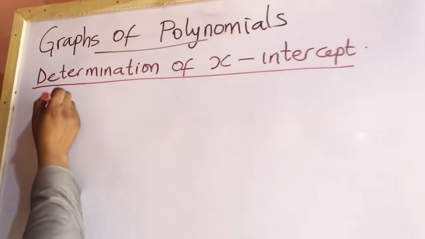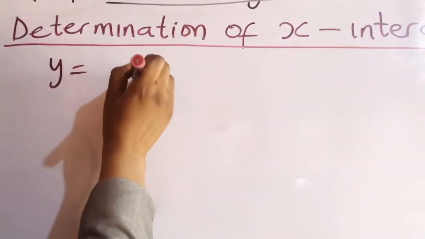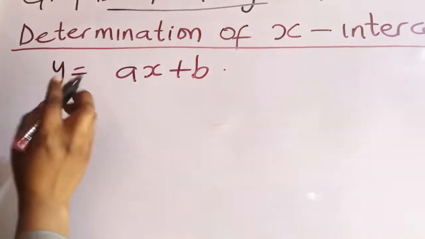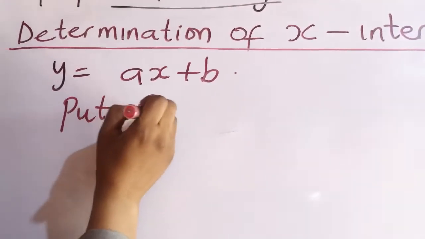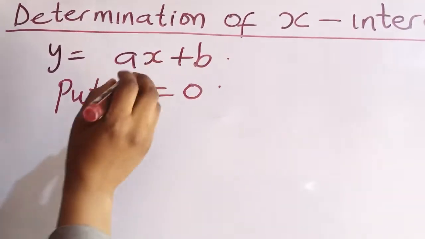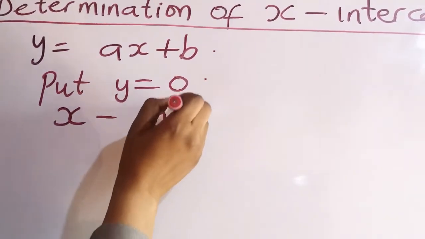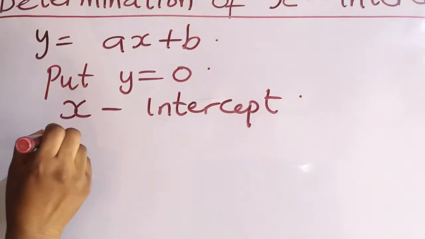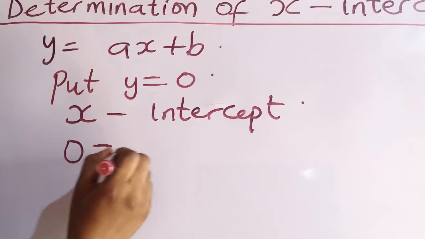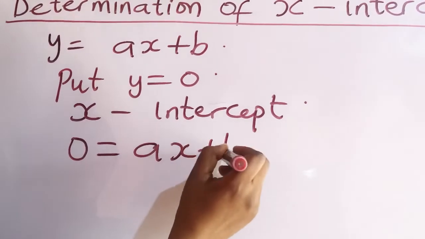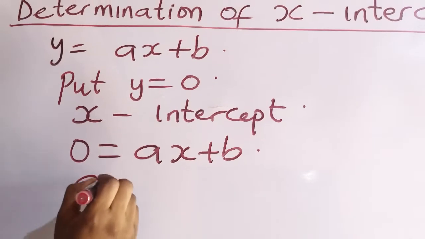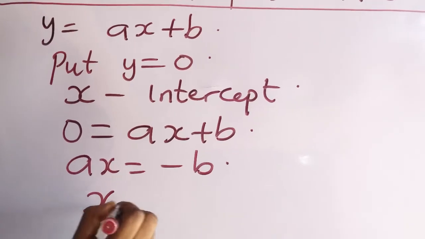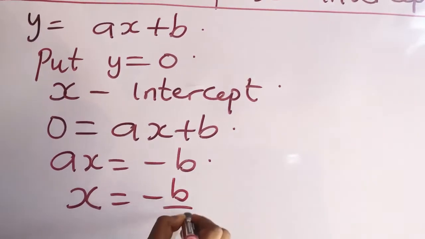So like this, if you are given y to be equal to ax plus b, and you want to find the x-intercept, put y to be equal to 0 for x-intercept. So if y is equal to 0 is equal to ax plus b, that means ax is equal to minus b. Then make x the subject of the formula, x is equal to minus b over a.